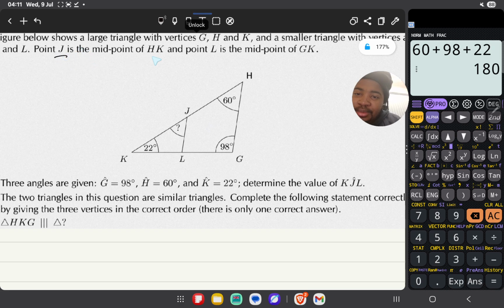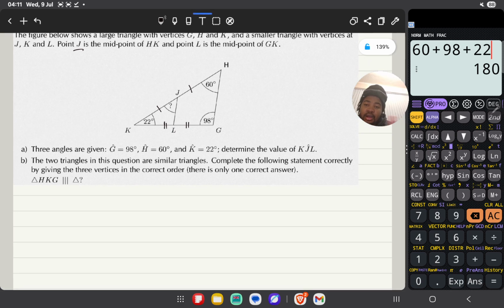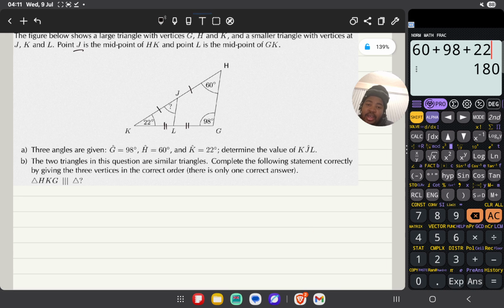They say J is a midpoint of HK, therefore this side equals this side. And they are saying that L is a midpoint of KG, therefore this side equals this side, right? So now I'm thinking, come on, midpoint theorem. And remember midpoint theorem, when we started to prove it, we started with this side and this side being equal, this side and this side being equal, and then from there we constructed a line here, which then went down and did all of the math.